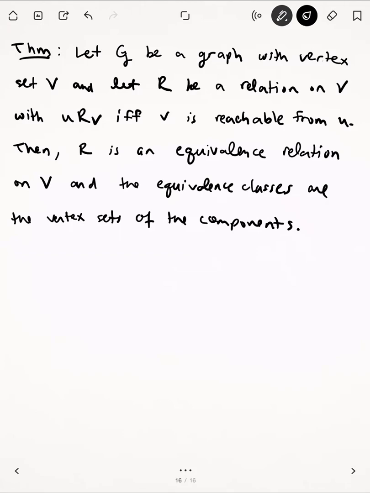And so we want to prove this now. So how do we prove this?